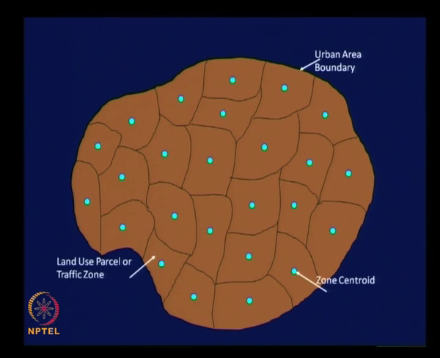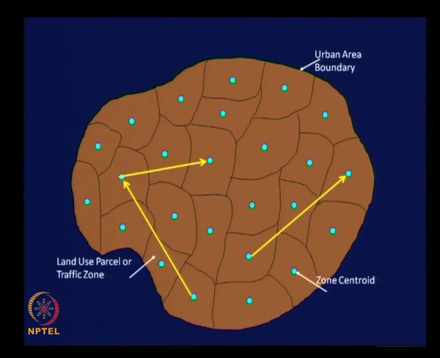These are zone centroids. So, what we mean here by trip is this: movement from one point to another point, from one zone centroid to another zone centroid is a trip, one way movement. This is another trip. This is how we have to understand trip in this particular context.